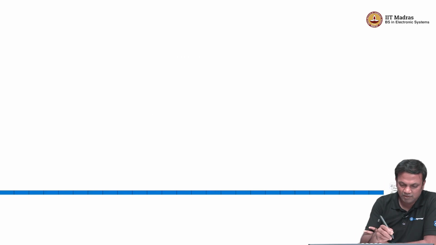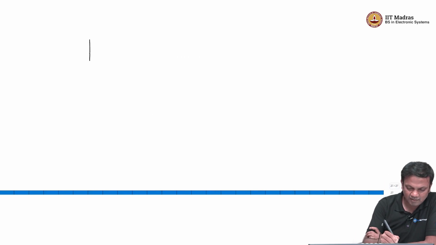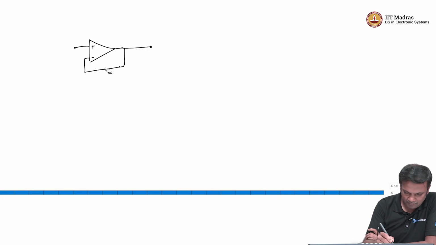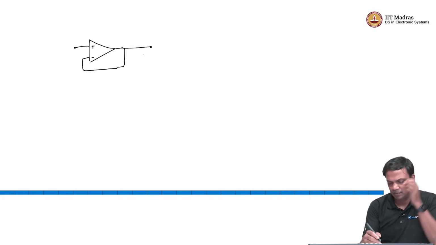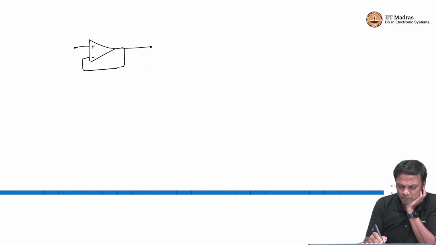So, let us try to refresh a couple of things we learned in the previous chapter. When we say I have an amplifier, I will make it a simple amplifier for now. This is my amplifier. What is R out?